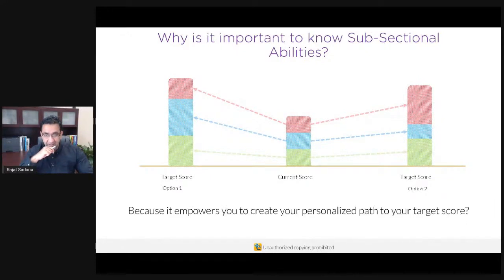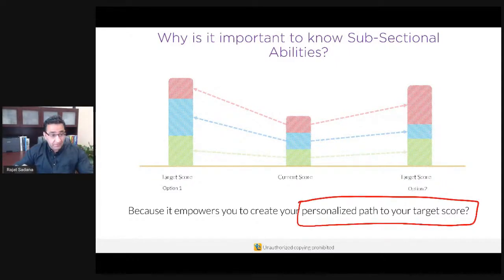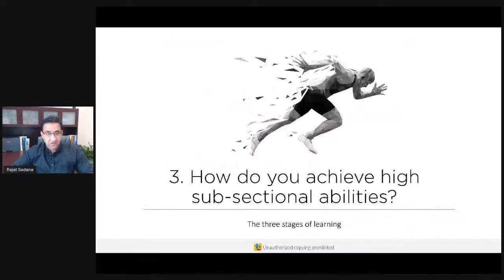And when you make this personalized study plan, that's when you take about 40% less time, and you increase the probability of getting to that end score quite a bit, in fact, as much as twice as much.